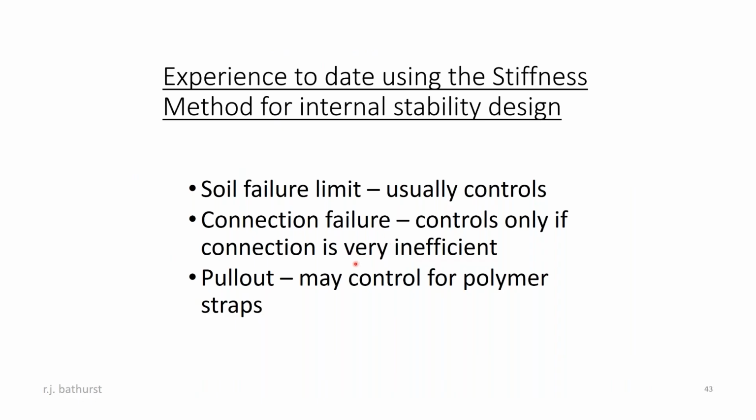not typically a problem. Pullout can occur, for example, in polymer strap walls at the top of the wall, because the reinforcement coverage ratio for these materials at the top of the wall is quite low. But you can increase the margins of safety against collapse, so failure due to pullout, often just by locally increasing the length of the straps at those locations.